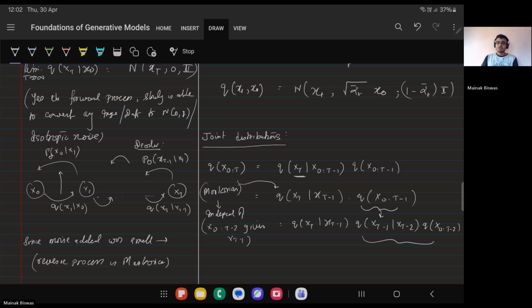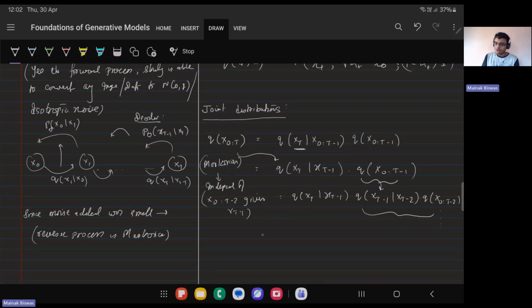By induction this can go all the way to the product of q of xt given xt minus 1, t equal to 1 to capital T. This is what I'll get. And I'll also have a q of x0 term, because in the last term you will have q of x0 and go all the way down.